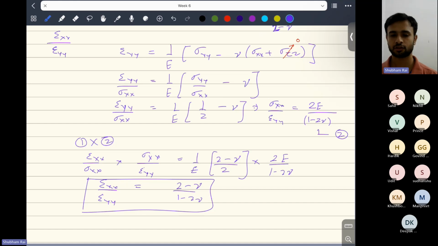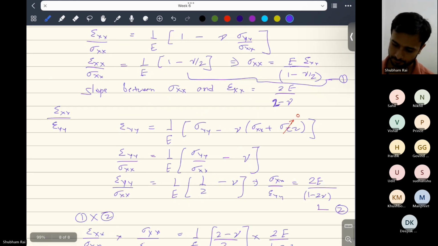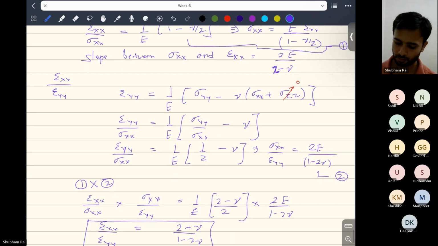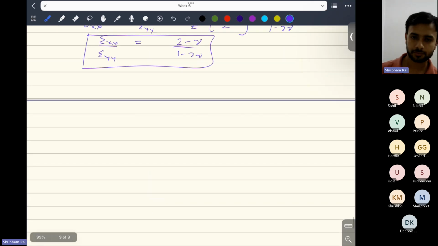Okay, so that's the ratio between epsilon xx and epsilon yy. So let me go to the next part.